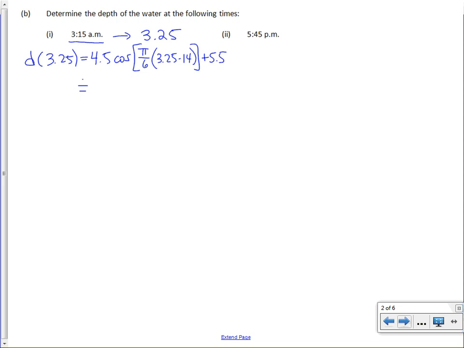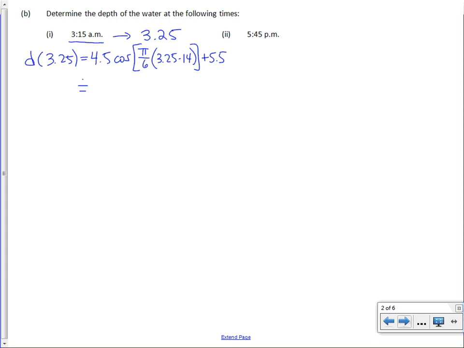You can let your calculator do the work for you here. Depending on how good your calculator is, you go to bracket bonanza. As long as you keep brackets around everything here, you should be fine. If you don't have the greatest calculator, you may want to work from the inside out. So find the angle, go cos angle equals, then times 4.5, and then add 5.5.